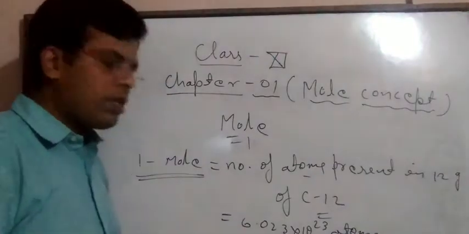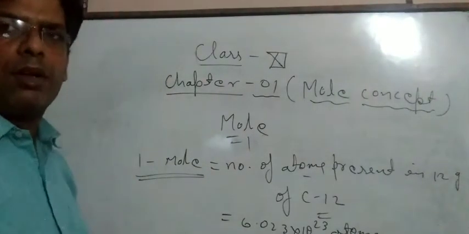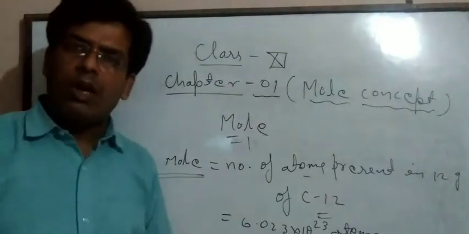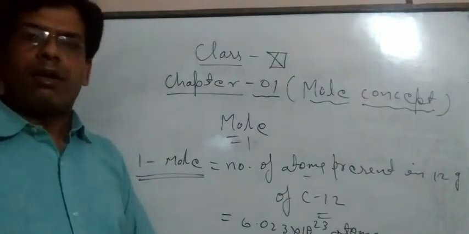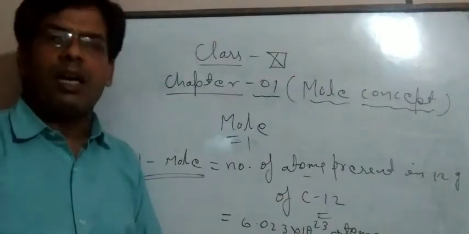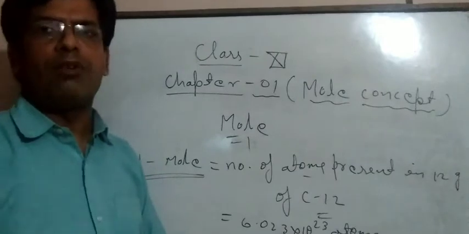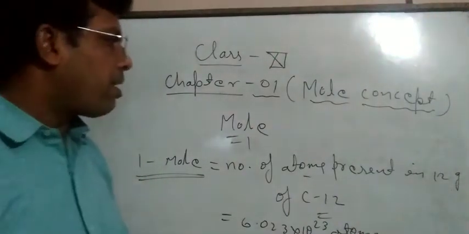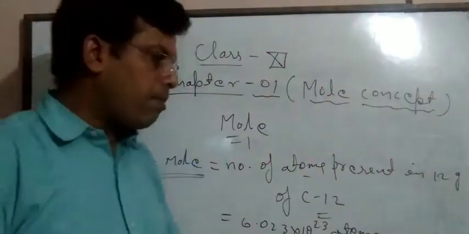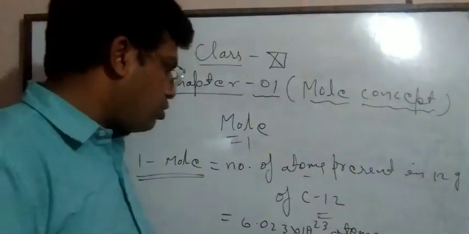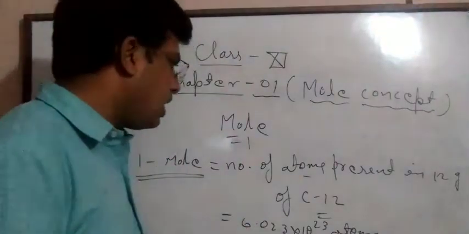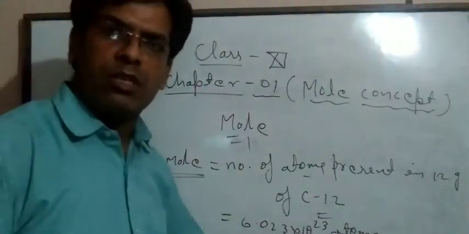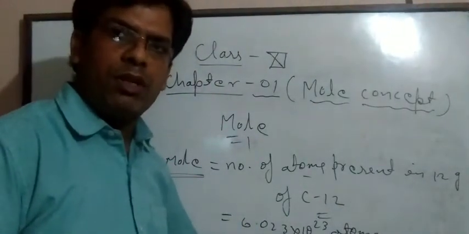Mole is defined as the number of atoms present in 12 gram of C12, and it was experimentally found that this number is 6.023 into 10 to the power 23 atoms. 1 mole is equal to this much.